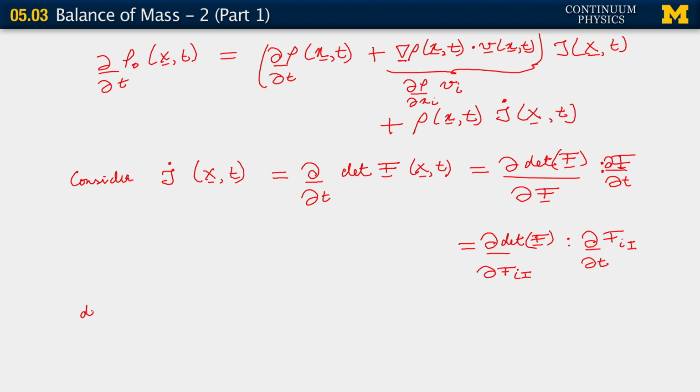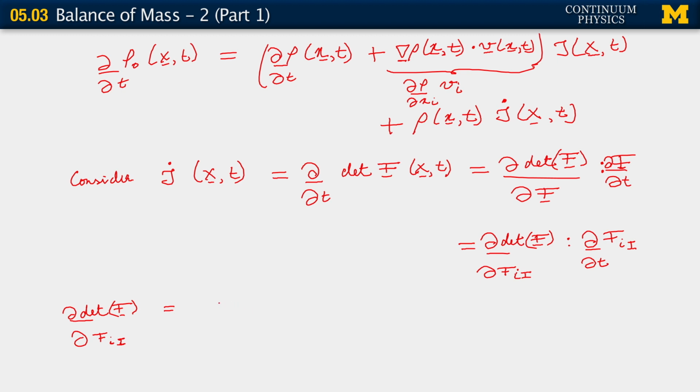Now, the derivative of the determinant of F with respect to F little i capital I is equal to, okay, we're going to write out the determinant using our permutation symbol.